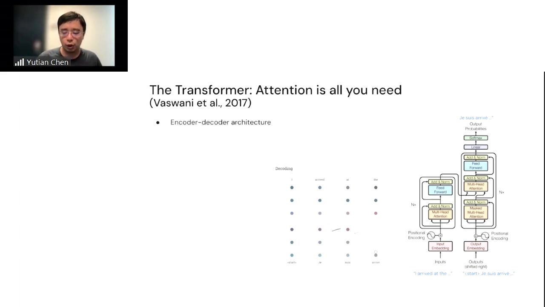Then all these words go through several attention blocks and learn a better representation of the input. For example, for these words, I arrived at, at every layer the encoder processes every word separately, but the information for every word attends to the latent representation at the lower layer from all the words in the input sentence.